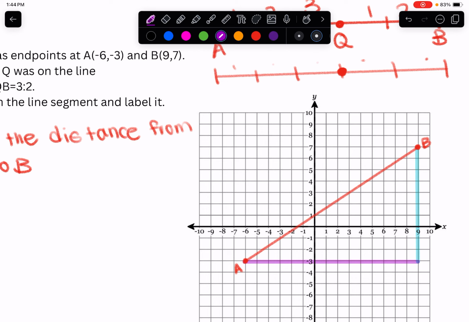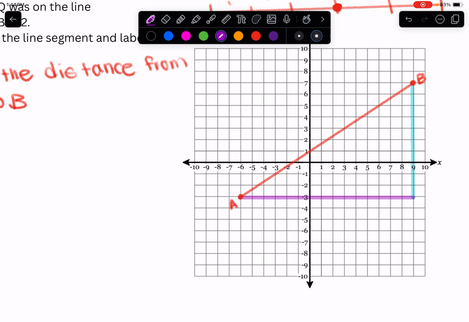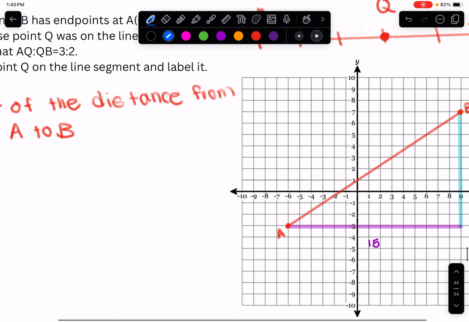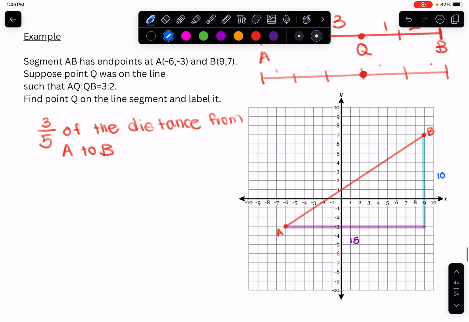So if I look here, from A to B, so it's from -6 to 9, this is a run of 15, right? The entire thing is 15. The rise from -3 to 7 is a rise of 10. Now, I want 3/5 of that distance.